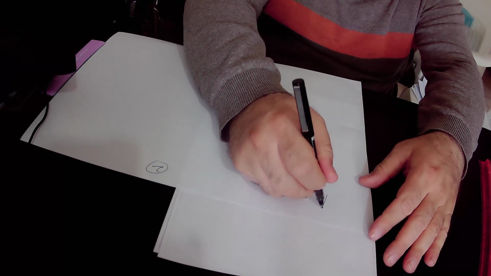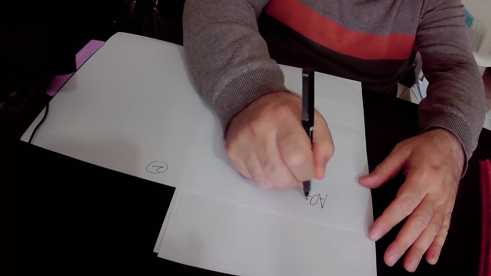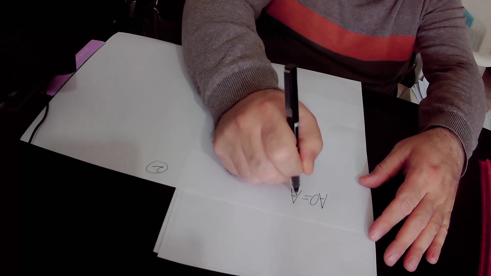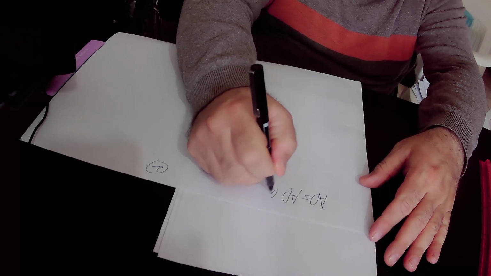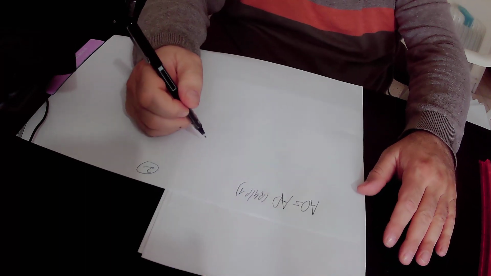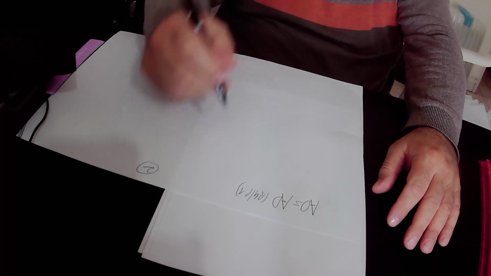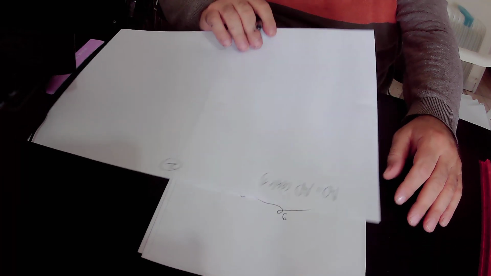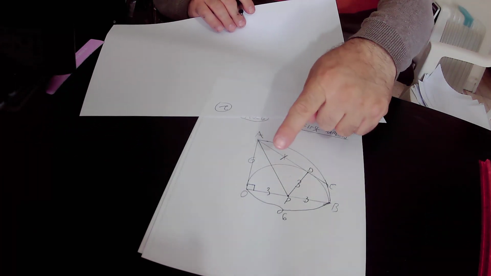According to rule number 1, AO equals AD. According to what is given in the question, AO equals 6 units.